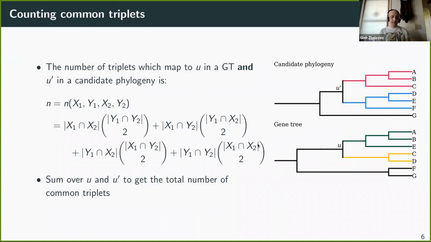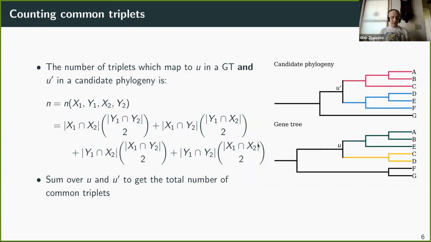You basically say, all right, I want to make sure that the outgroup is here and here, and then I have a pair in the other part of the bipartition, and you run this argument 3 more times, and you get this very nice formula, which really is just a quadratic polynomial in the magnitudes of the intersections.